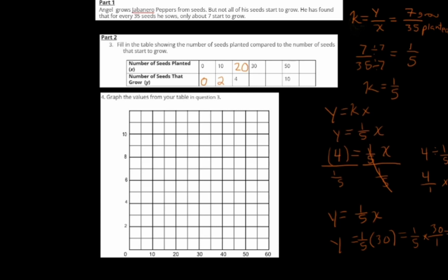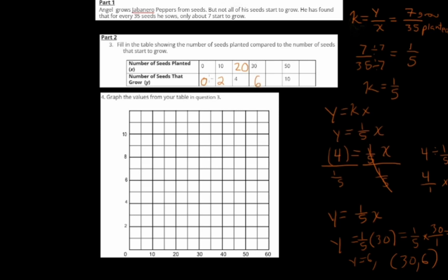That's going to give you 30 over 5. Of course, if you simplify, you divide the top and the bottom by 5. 30 divided by 5 is 6. 5 divided by 5 is 1. So you get 6 over 1, which is 6. I found that the y equals 6. And of course, the x here was 30. So that's our point there, 30, 6.